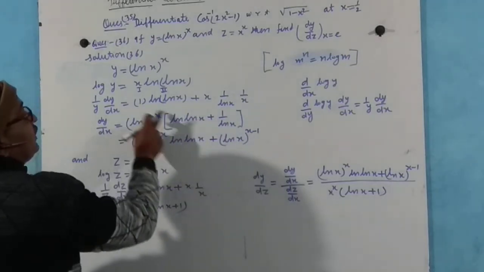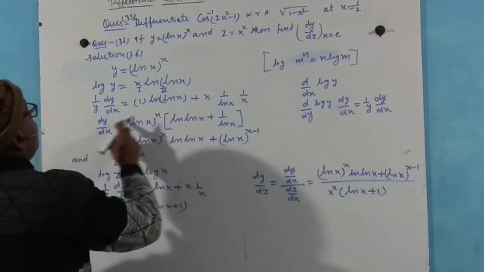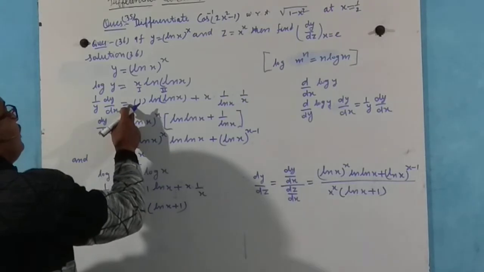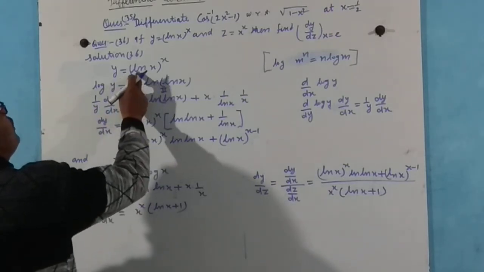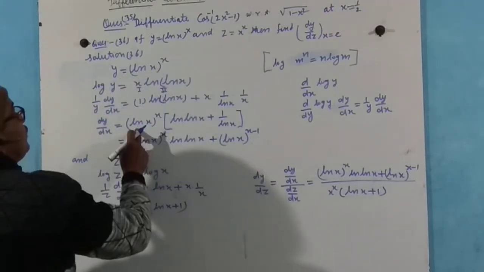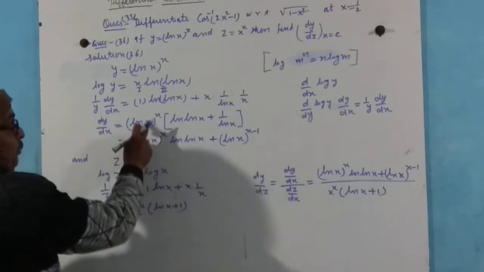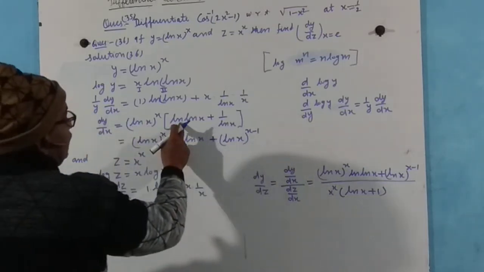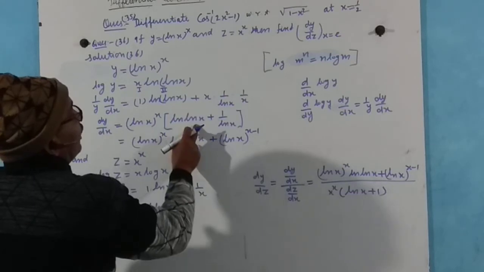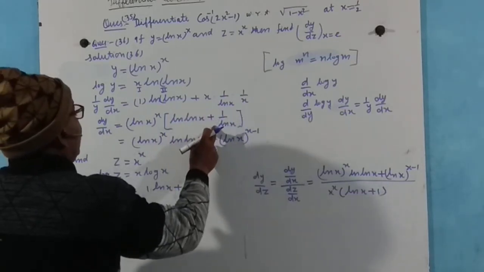And y is log x to the power x, so 1 by y dy by dx equals log of log x plus 1 by log x.